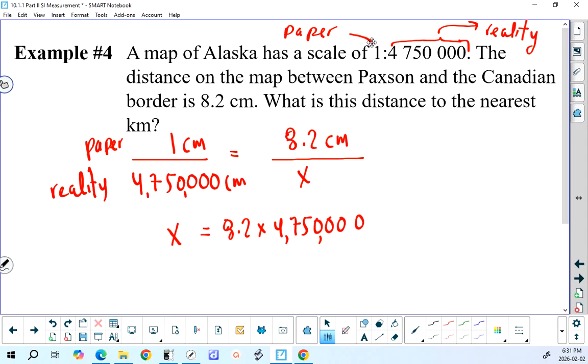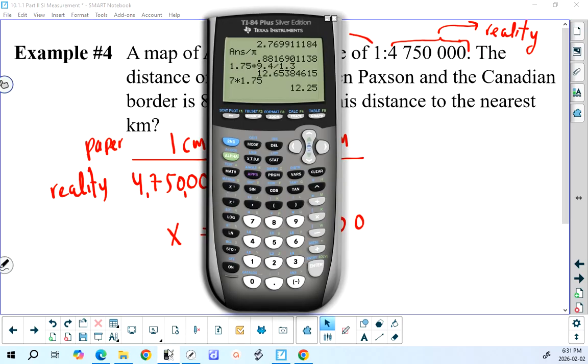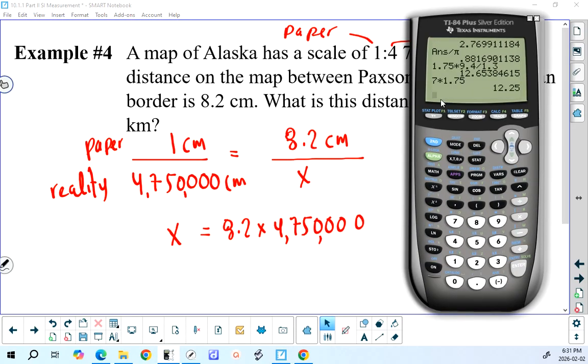And we calculate what that is. That, of course, is going to be in centimeters. So this is the number of centimeters that distance is.